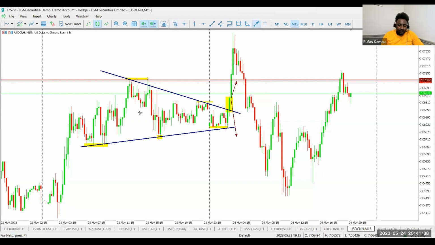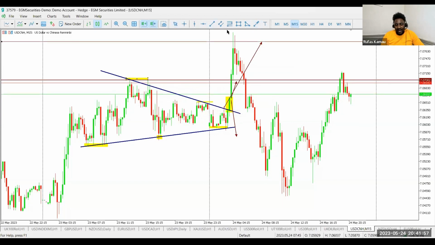So remember, I also mentioned this as a measure of your target. If I measure from the low to the high of the biggest swing, I can transfer this here and identify the target for my trade. If you're an advanced technical price action trader, then you know that this is the right target. But if you want to be sure, you just use the previous high, and this would have also been viable.